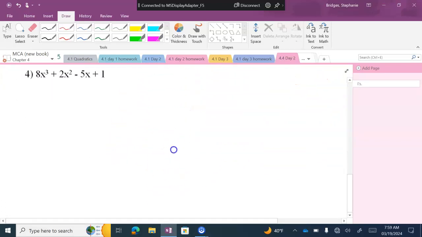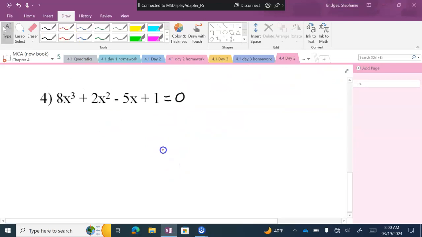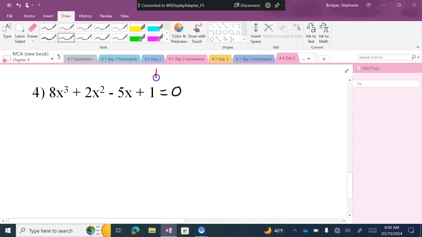All right, last one. Try that. What are the factors of my constant term? Just 1, right? And then 8 would be 1, 2, 4, and 8. Okay, remember, constant over leading, plus or minus 1 divided by 1 is just 1.